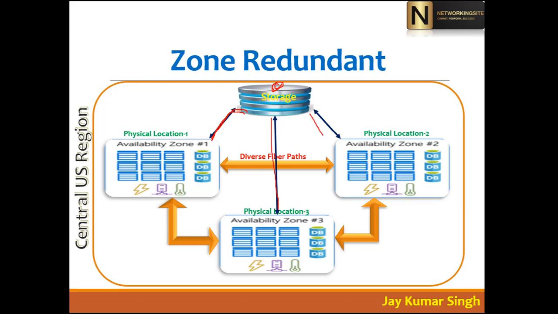If zone 1 is down, no problem. Even if zone 3 is also down, your clients can still come through the internet and access your storage. Yes, your storage will be available.